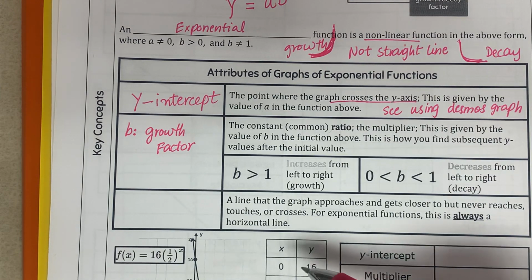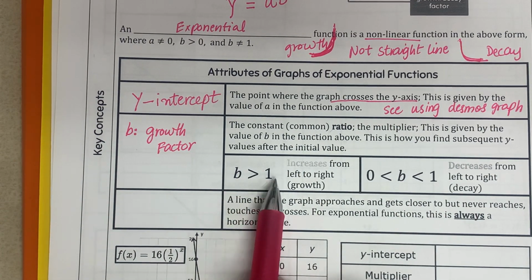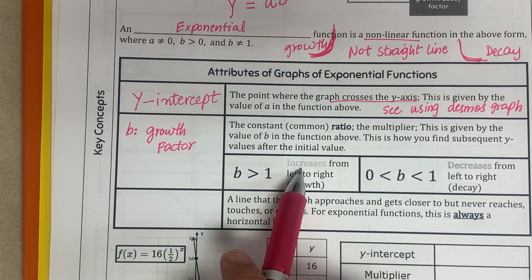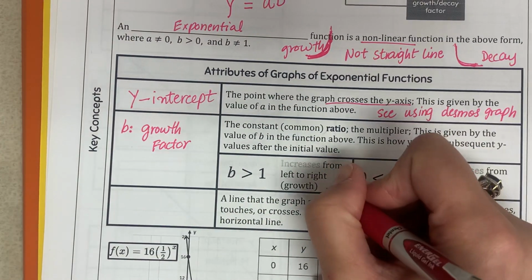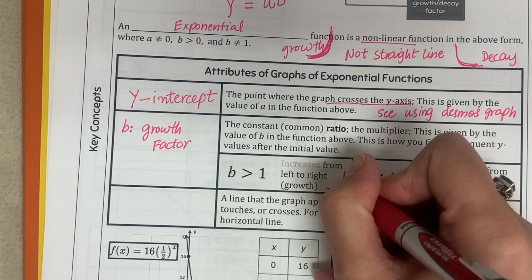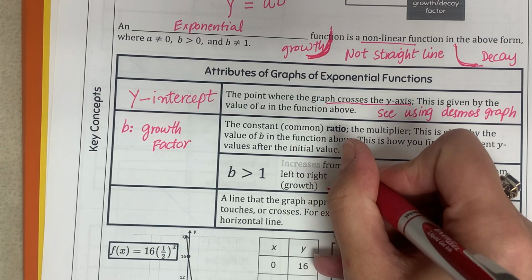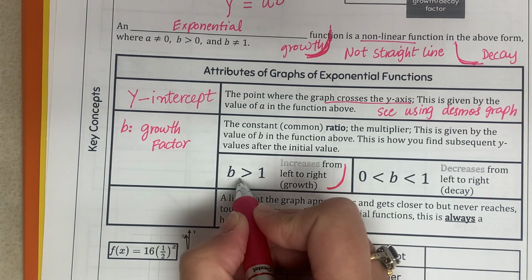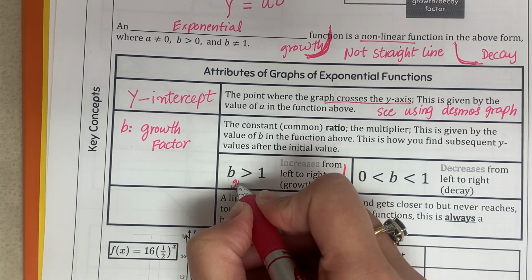So I can figure out the y values using the multiplier. If that b value is greater than 1, it is an increasing function. Increase means going upward. You see the arrow? The trend line is going up. This is increase, so b greater than 1. This symbol means greater.